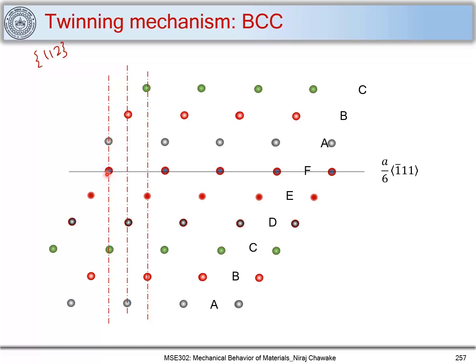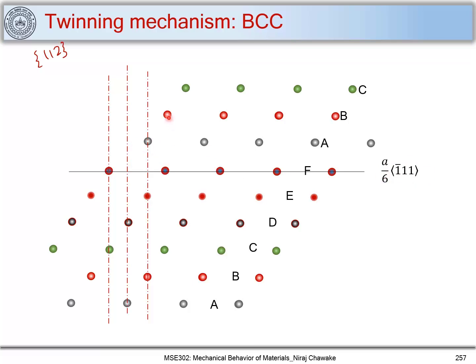Now let us do one thing. We move these atoms in another layer by 2 units, and let's do that. So originally the atom was here and I moved it in this direction. Now you can see that this configuration is energetically favorable, and thus you can form twins in such directions. Now we have moved this A layer over this layer by a/6 [-1 1 1] magnitude.